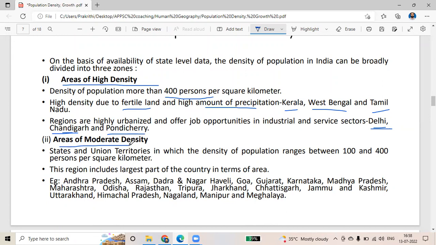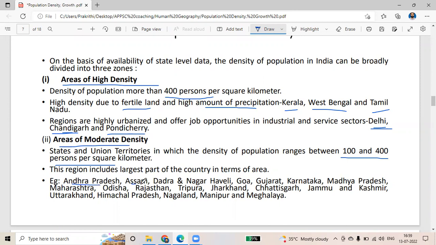Area. Here it comes the states and union territory between 100 to 400 persons per square kilometer. इसी में आने से we will say it as moderate densely populated regions. India में सबसे ज़्यादा area is covered by this region, area of moderate density, comprising of below you can see lot of states and union territories.